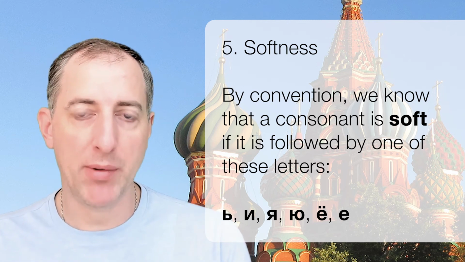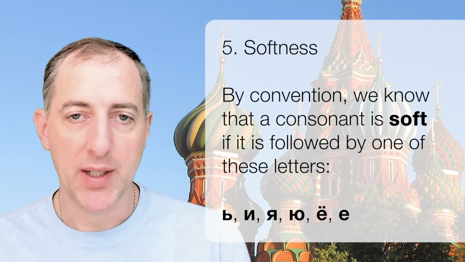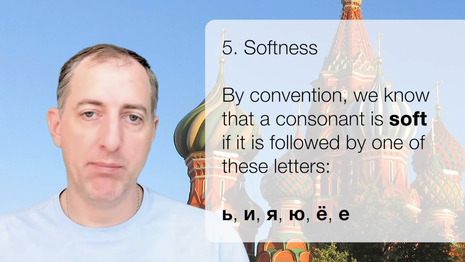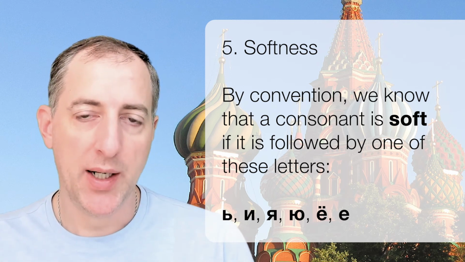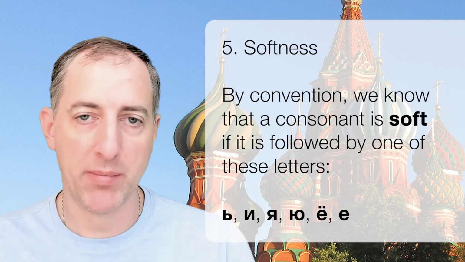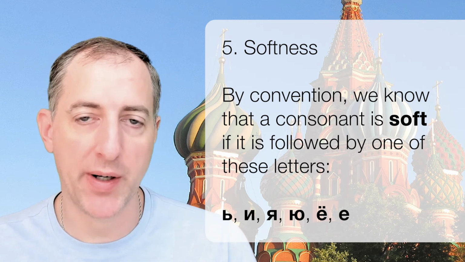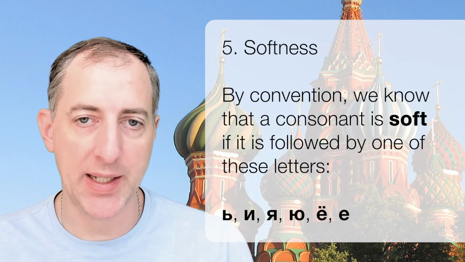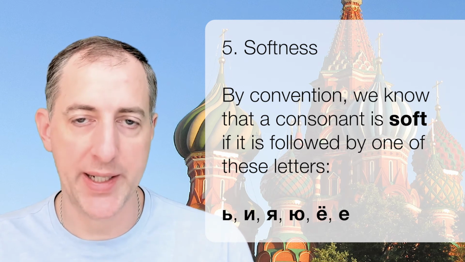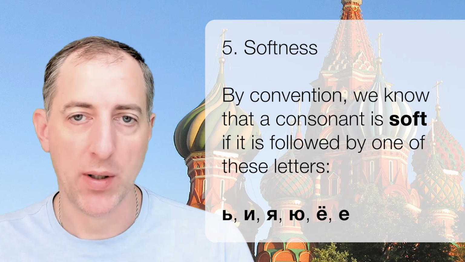Okay, what do we mean when we say a consonant is soft? Well, first, let's back up a little bit. When we think about normal consonant sounds that we're used to from English, we're usually talking about hard consonants. So, for example, when we think about a T in English, we're basically thinking what Russians would call a hard T, like cat or tada.